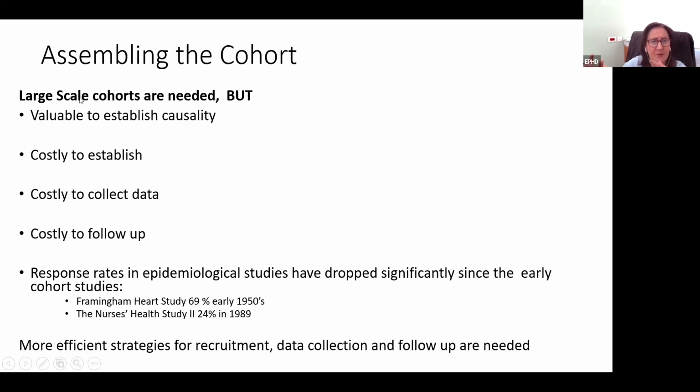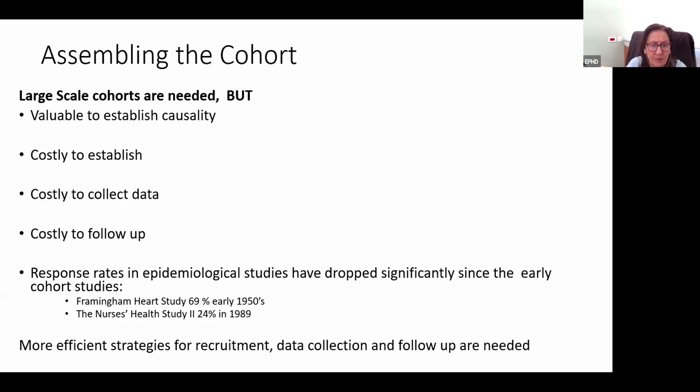They are valuable, but they are costly to establish, costly to collect data, and costly for the follow-up. Just as some information, first, at the baseline, we don't always have a high response rate. So when you go to establish your cohort, you don't always have a high response rate. People at the beginning don't participate.